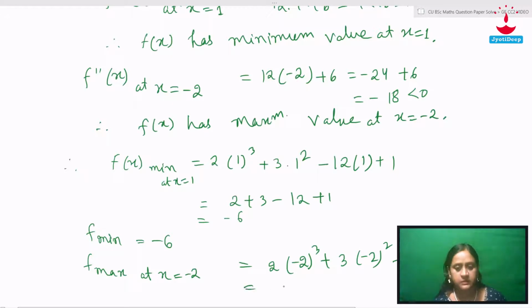This is equals to minus 16 plus 4 3s are 12 plus 24 plus 1.